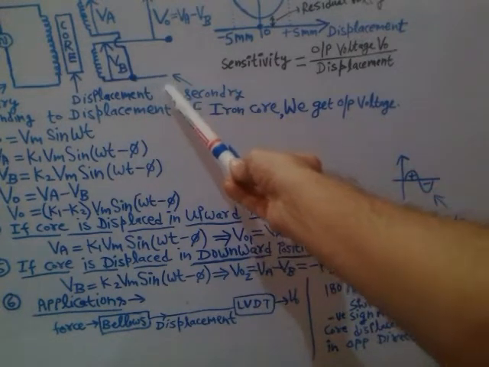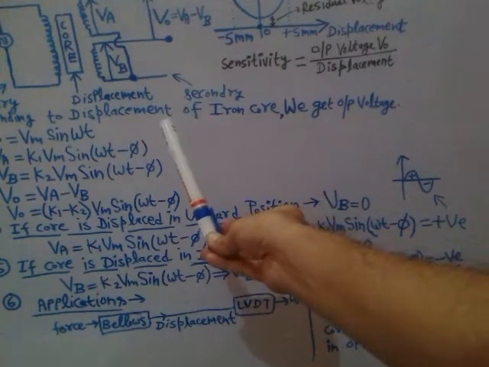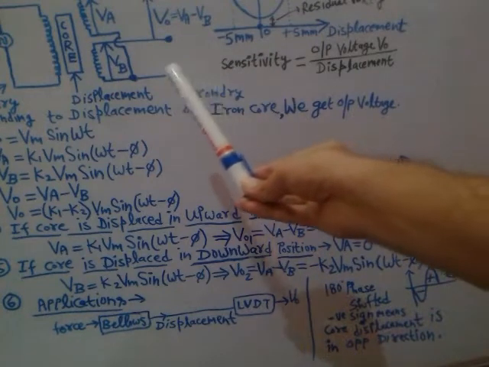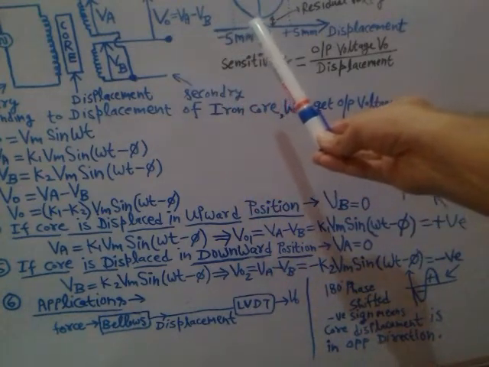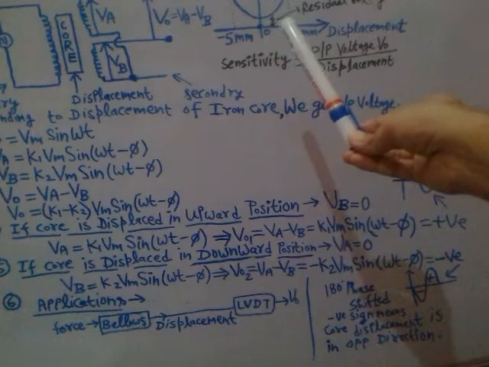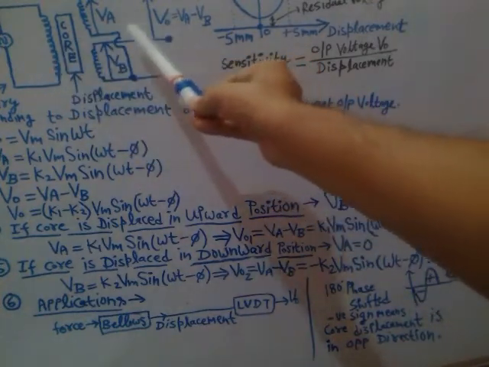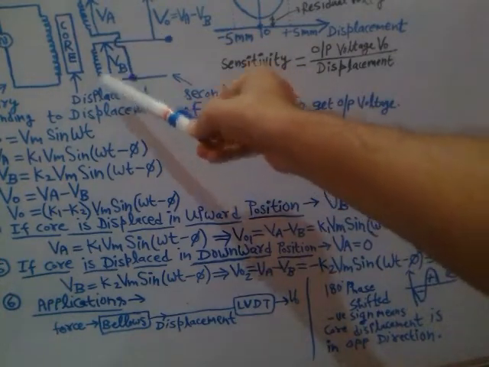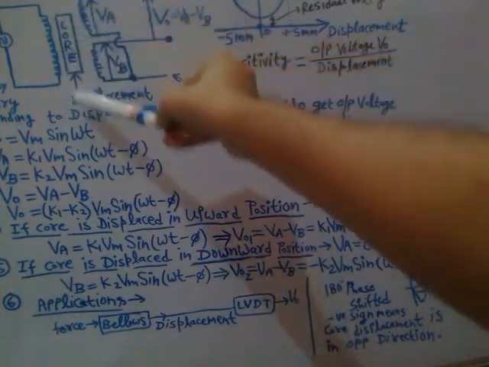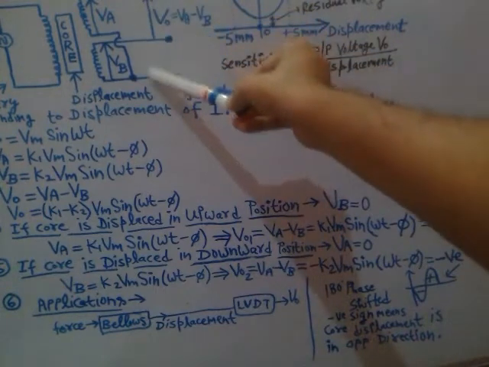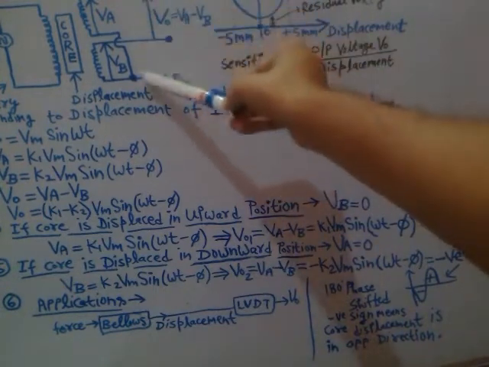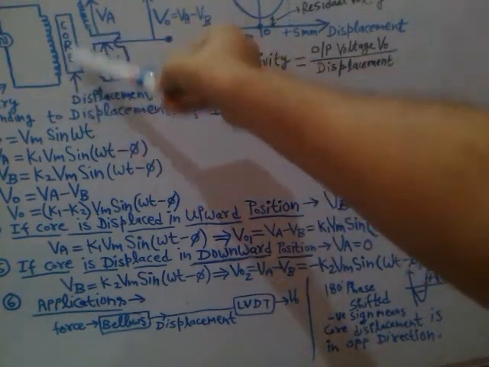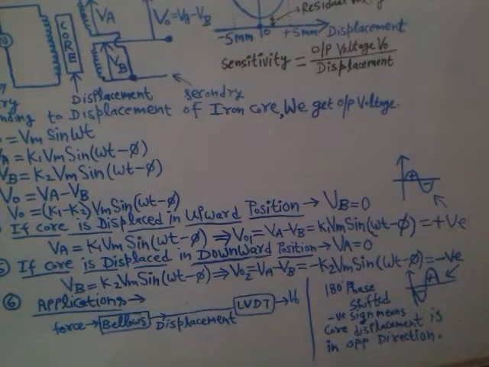So this soft iron core is used to couple the magnetic flux lines of the primary winding with the secondary winding, and depending on the movement of this core, you will get the differential output voltage in the secondary side, corresponding to the input displacement.